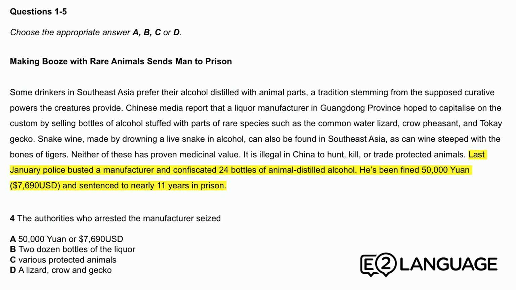He's been fined 50,000 won and sentenced to nearly 11 years in prison. So the authorities seized what? What's a synonym or paraphrase of 24 bottles? Down here, you can see 24 bottles of the liquor. These two correspond. They say the same thing, but in different words.